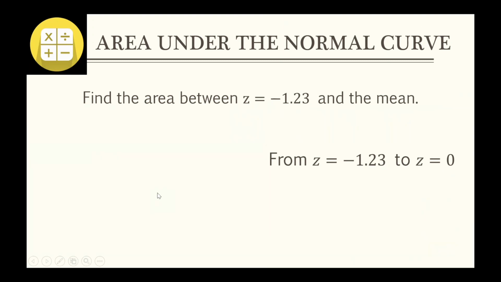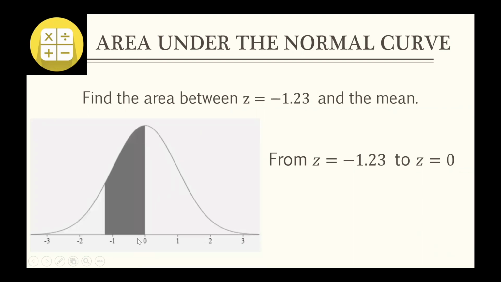If we're going to draw the normal curve, that is like this. We will be starting from negative 1.23, which is on the left side of the normal curve, and then up to 0. Then shade that part of the normal curve. The shaded area is the unknown.